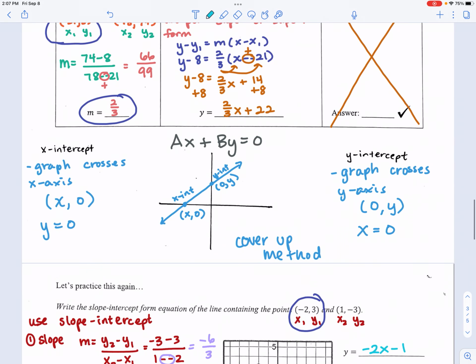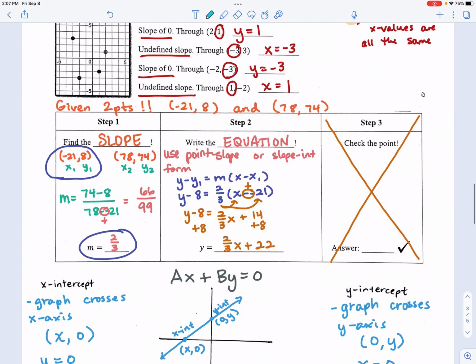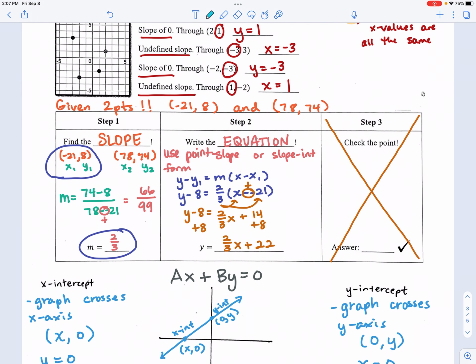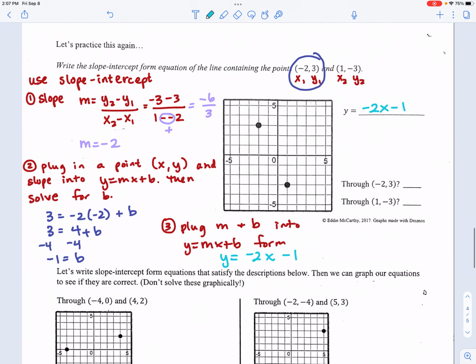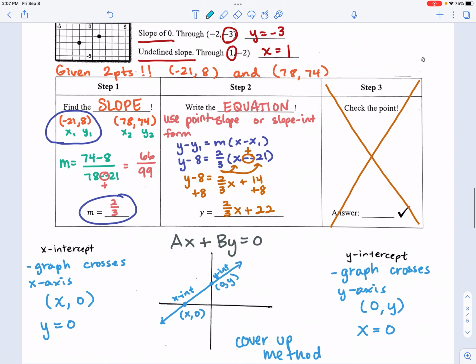So again, when you're given 2 points, first find the slope, then write the equation, either using point-slope form. In the previous example, we used point-slope form. In this example, we used slope-intercept form. Either one will give you the same answer. Just be careful when you are doing a Delta Math question. Make sure if it says to use point-slope form, you can stop right here.